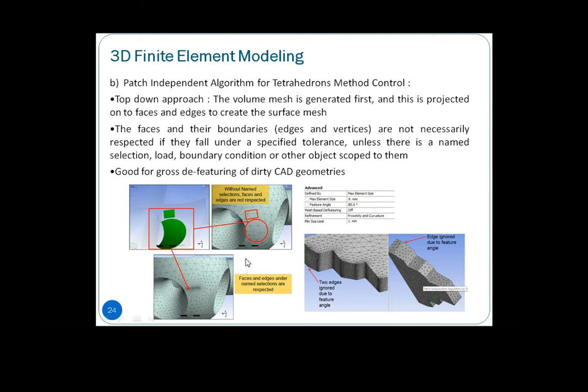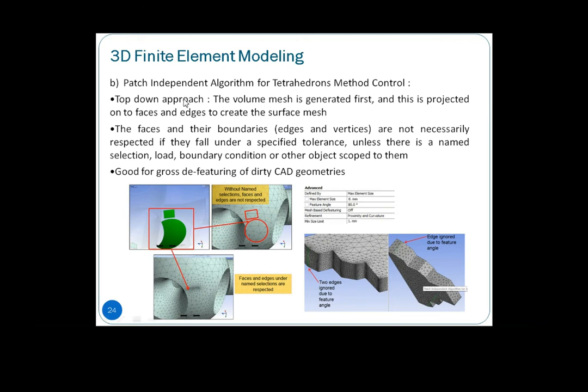If you want to say that these are two different bodies or two different faces, then you have to manually assign and name it. Without any name selection, it will be a top-down approach and treat it as one body and discretize accordingly.